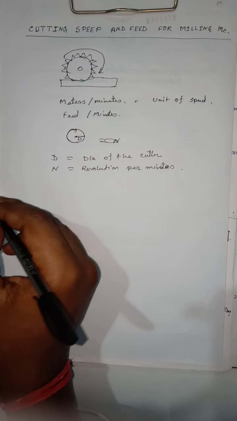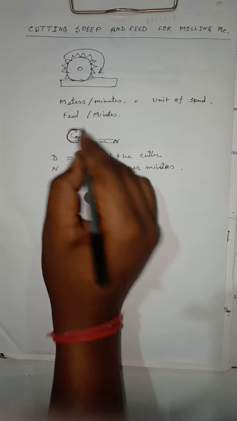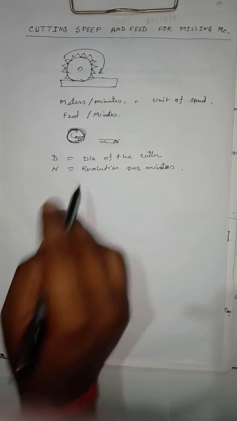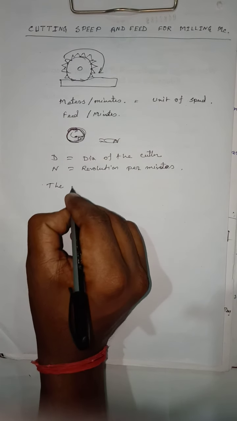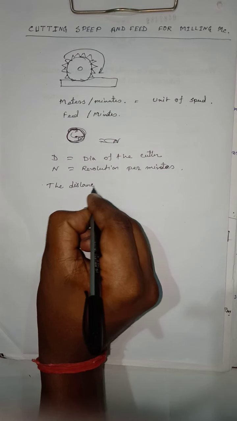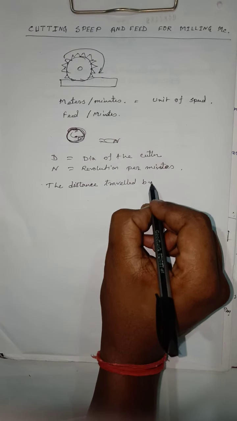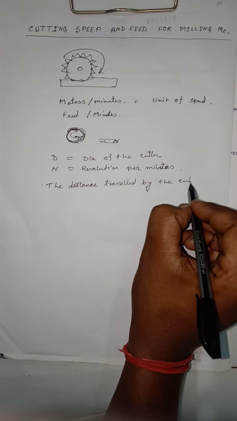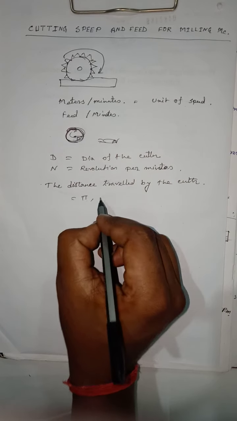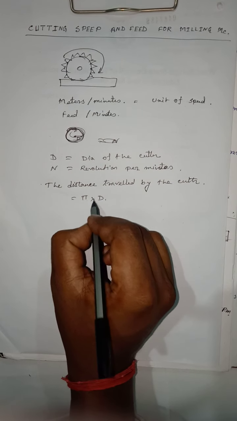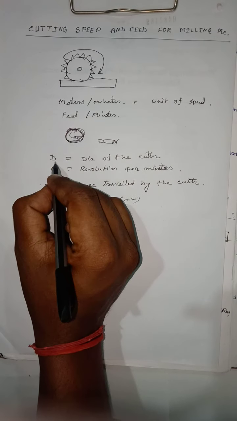Then what happens? The distance traveled by the cutter, that means this is a circle, and in one revolution the distance traveled is pi into D, where the diameter unit is millimeter.